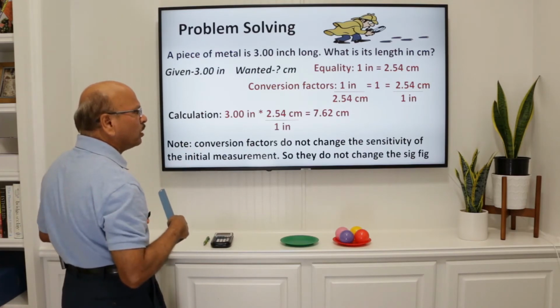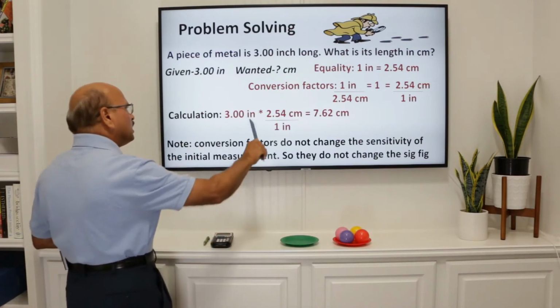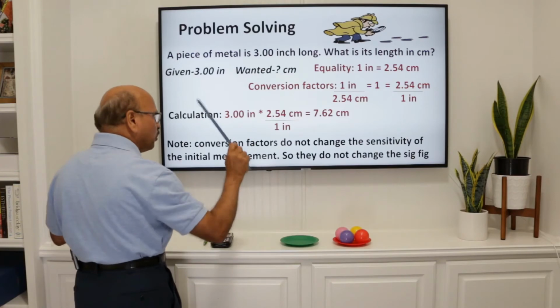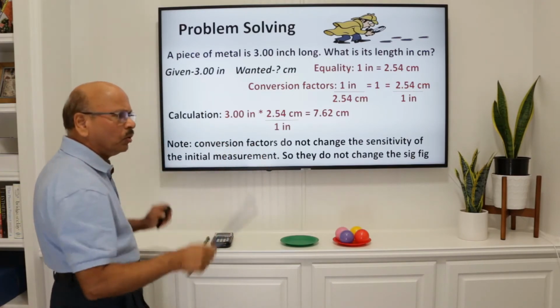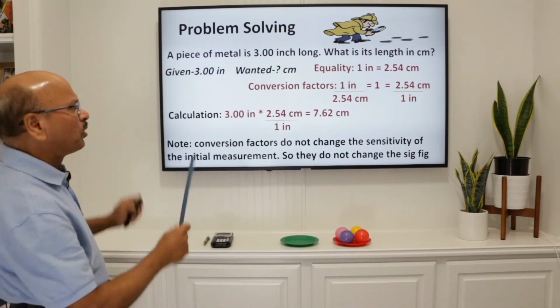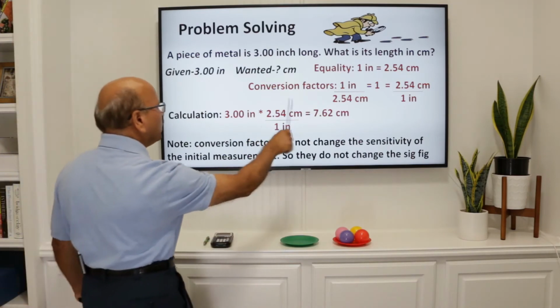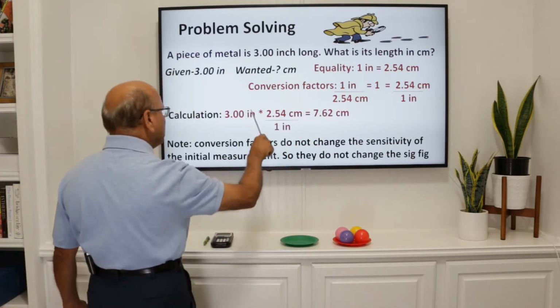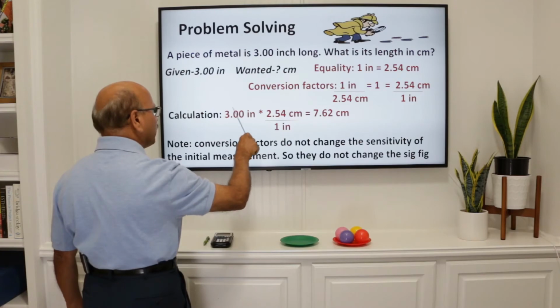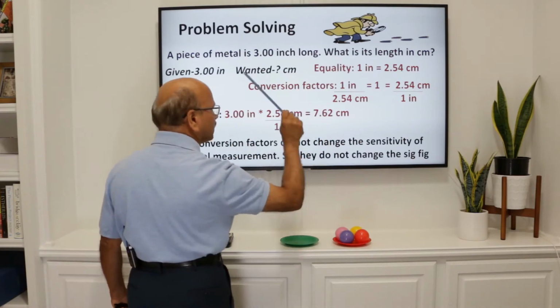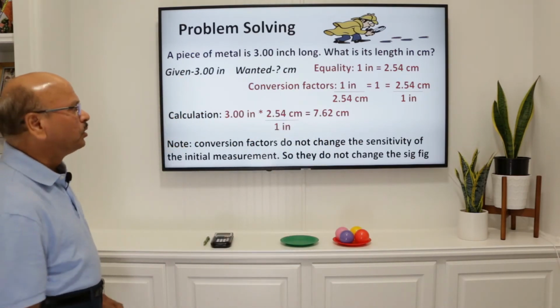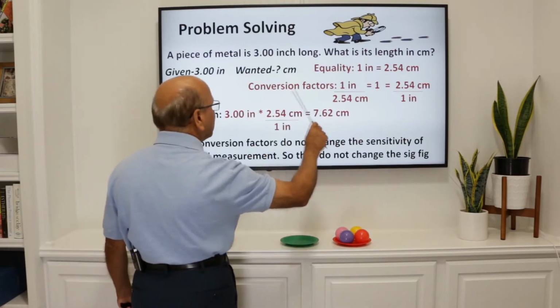So always remember that idea. They have no effect on the number of significant figures in the answer. So whatever you have in the initial measurement, which is 3 sig figs here, should appear as the number of sig figs in the answer. So you have to keep 3 sig figs in your answer.